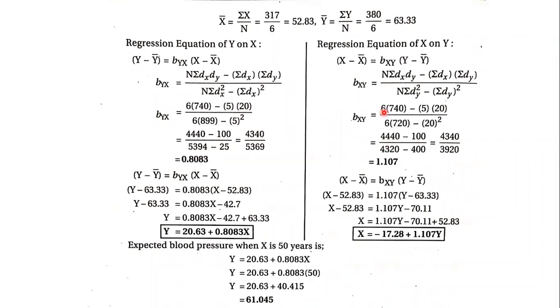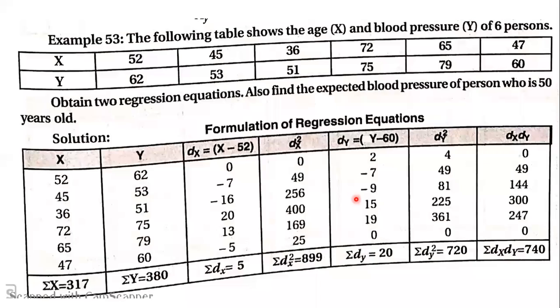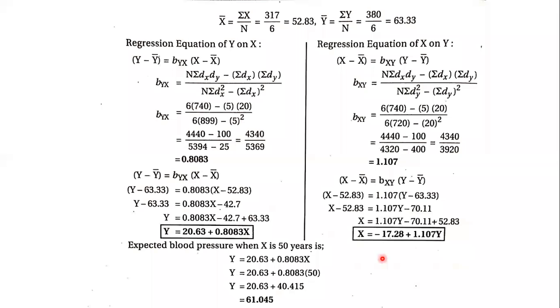So 6 into 740 minus 5 into 20, whole divided by, if we go back here, sigma dy square is 720 and sigma dy is 20. So 6 into 720 minus 20 square. Next, 6 into 740 is 4440 minus 5 into 20 is 100. The numerator is the same in both cases.